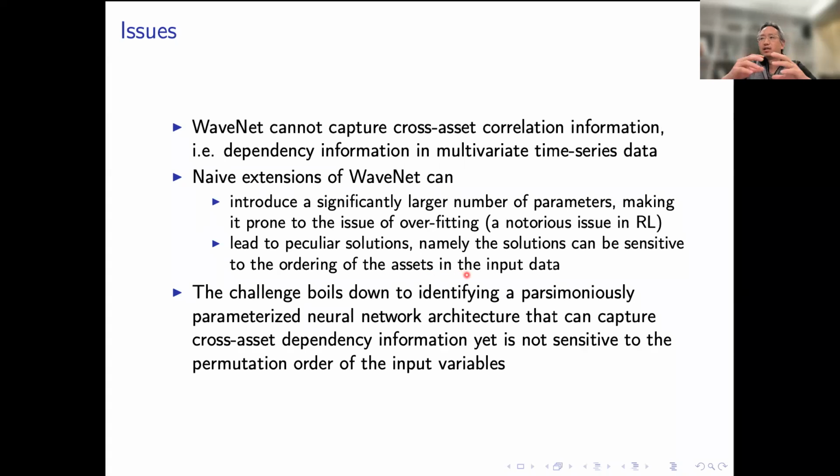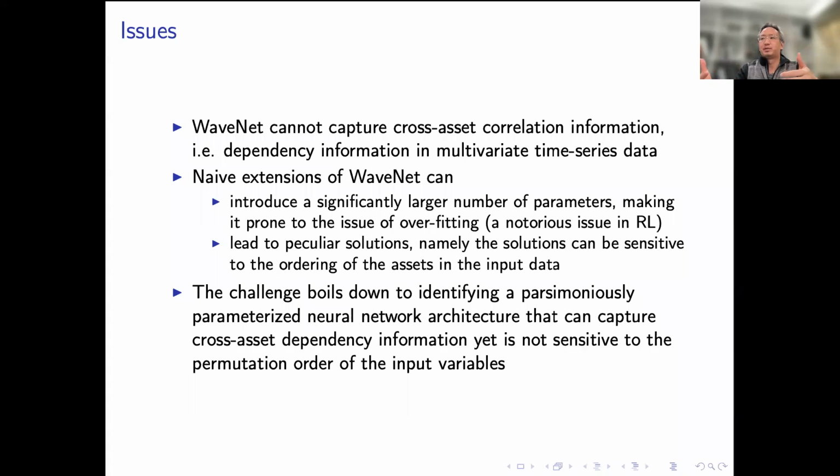which is that the network will turn out to be sensitive to the way we input the state data. In particular, what we noticed is that if you have the same time series across assets, but just permute the time series in terms of asset index, then the result can be very different.